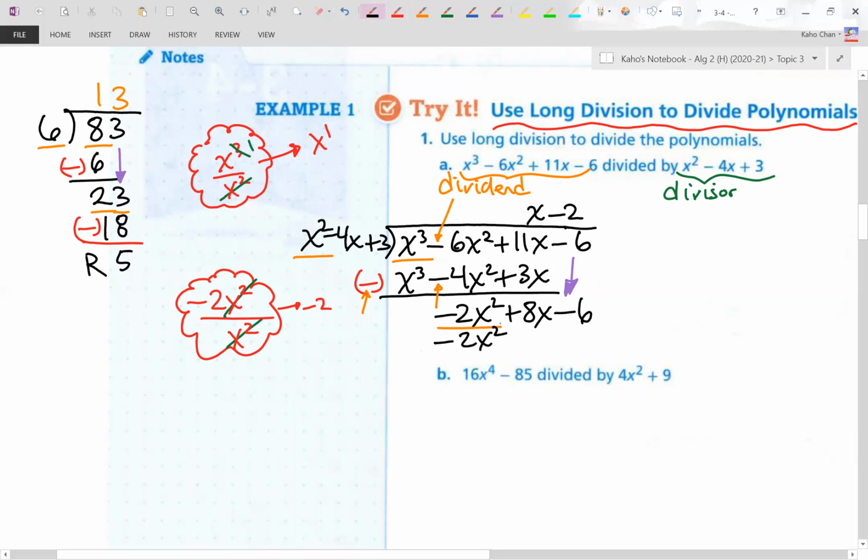We're supposed to get the same exact thing. Negative 2 times negative 4 is positive 8x. Interesting. And negative 2 times positive 3 is negative 6. Perfect. Look at that. Once we subtract, guess what? It's going to be 0. Yes! Remainder is 0.